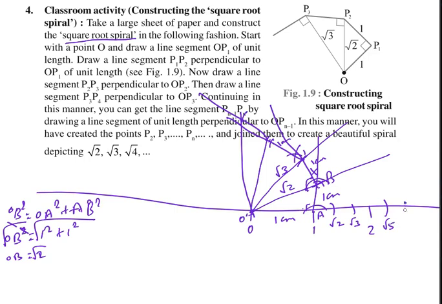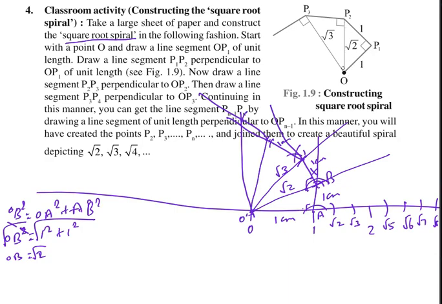Like this, root 5, root 6, root 7 and root 8, we can represent irrational numbers on the number line, and we can complete this square root spiral also. This will continue. At point P1 we get a length of 1 unit, 1 centimeter.